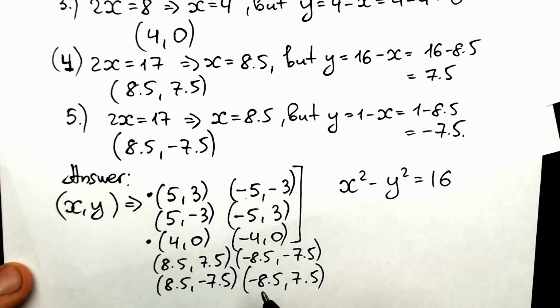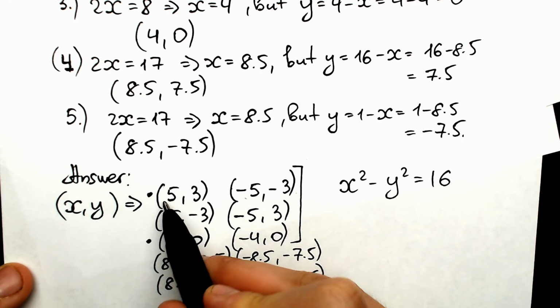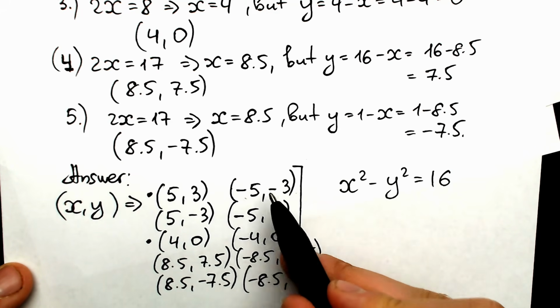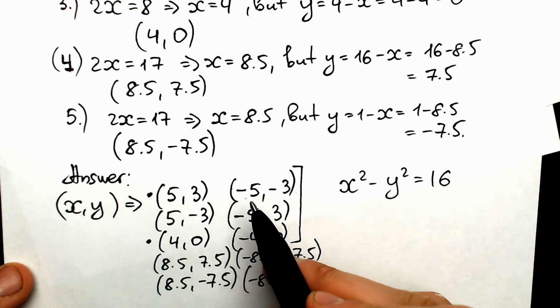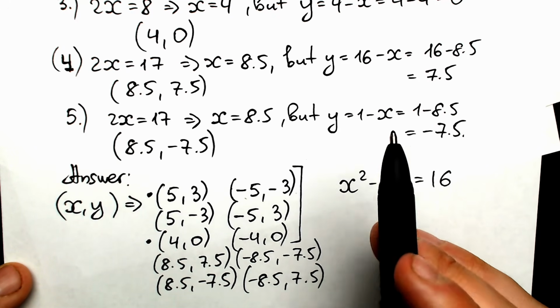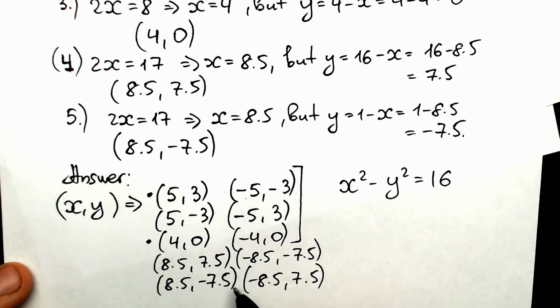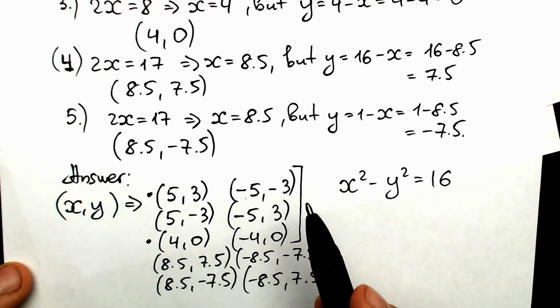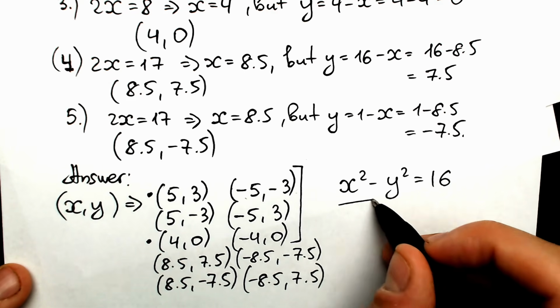All you need to do is plug in these 6 pairs and you will understand why we're interested both in this pair and in this pair, because we're talking about squares. That's why negative cases are also important for us. And of course, if you need to solve this question completely, you need to write all these 10 pairs. I really hope you understand my solution.